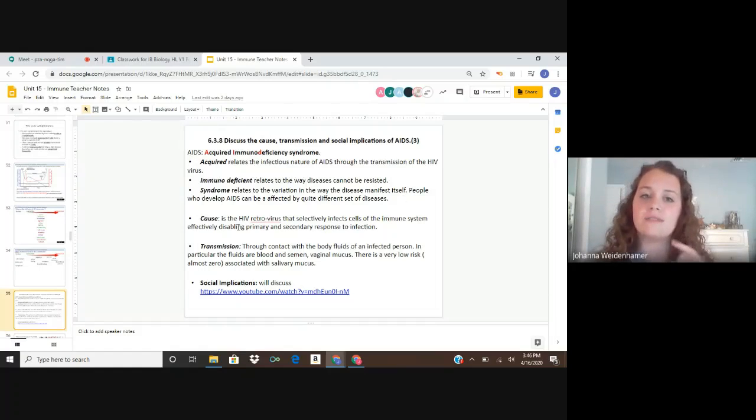Now, the cause of AIDS is the HIV virus or the HIV retrovirus. And remember that it selectively infects cells, specifically which ones? Exactly, T cells of the immune system, which disables the primary and secondary response to infection.